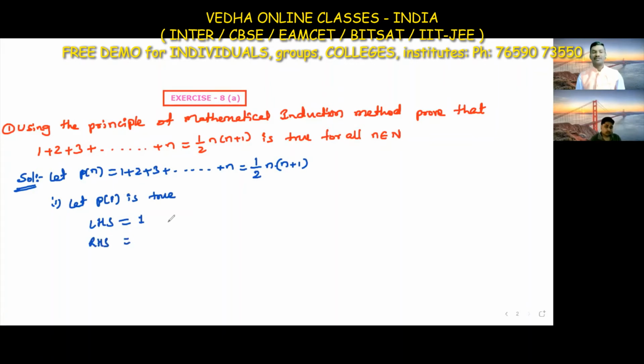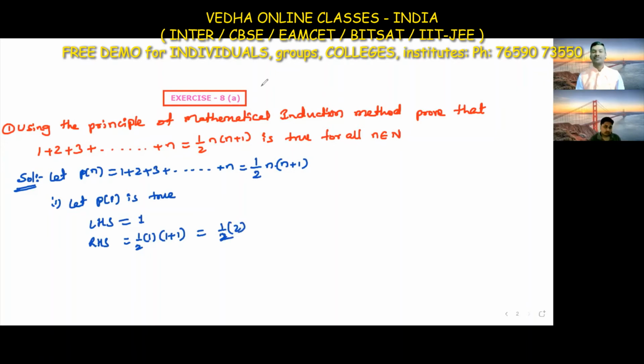Now take the RHS, 1 by 2 into n into n plus 1. In place of n, I am substituting 1. So that means 1 by 2 into 1 into 1 plus 1. Here 1 plus 1 is 2, and 2 ones are 2. So that is 1 by 2 into 2.